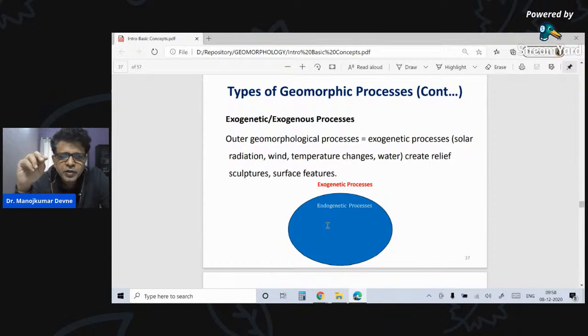Outer geomorphological processes, exogenetic processes, will include solar radiation, wind, temperature changes, water, creation of relief sculpture. Of all these things, if you ask me what is the most important, I would say the solar thing is very important, because all that is going to happen is with regards to solar radiation.